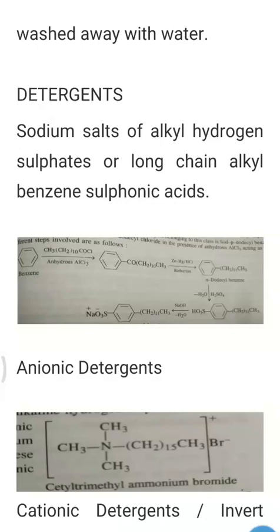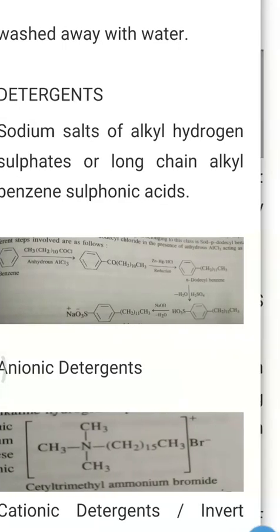This N-dodecyl benzene reacts with sulfuric acid to get a sulfonic group at its para position. Now in the presence of NaOH, it gets converted into the sodium salt of para-dodecyl benzene sulfonate. These anionic detergents, they are very effective in slightly acidic solutions, and they form soluble alkaline hydrogen sulfates.